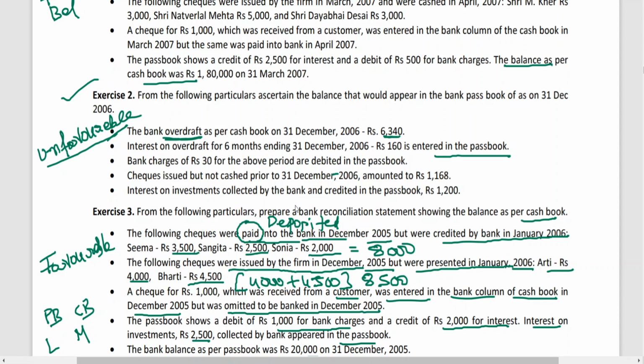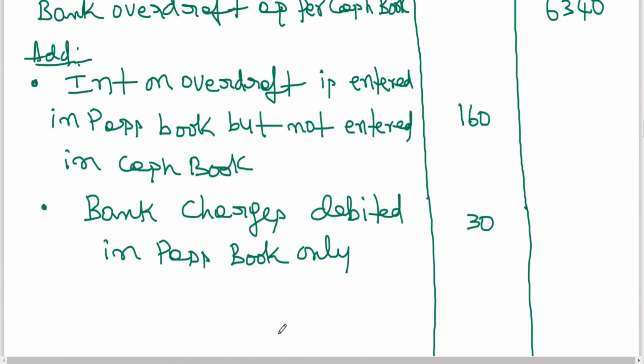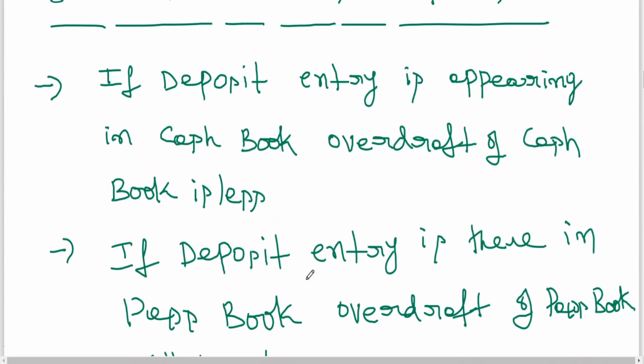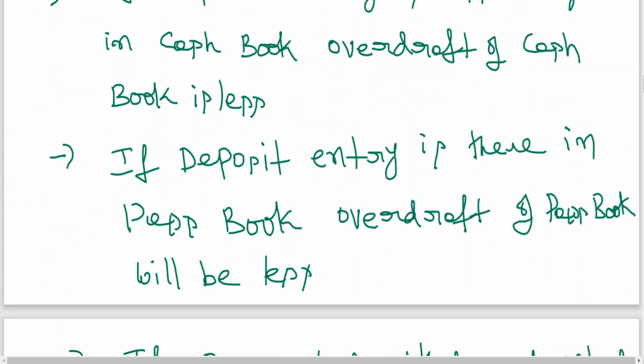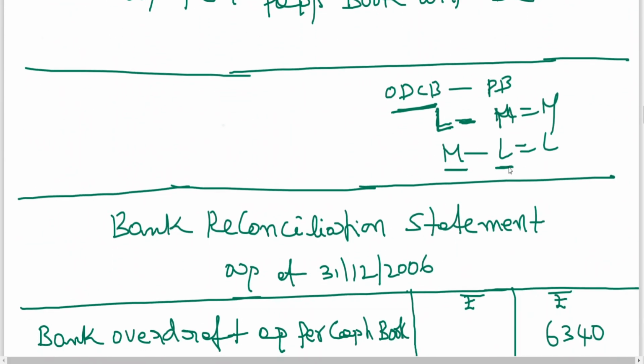Interest on investment collected by the bank and credited in the passbook. Interest on investment is nothing but income, a receipt. Receipt is appearing in which book? Passbook. For the bank, it is nothing but a deposit. If a deposit entry is there in passbook, overdraft as per passbook will be less. Clear to all of you? When you deposit, OD liability will come down. But the deposit entry is not appearing in cash book, so cash book when compared to passbook is showing more.